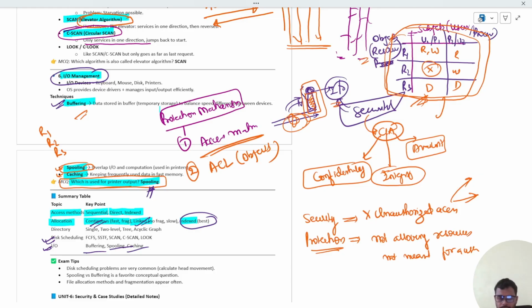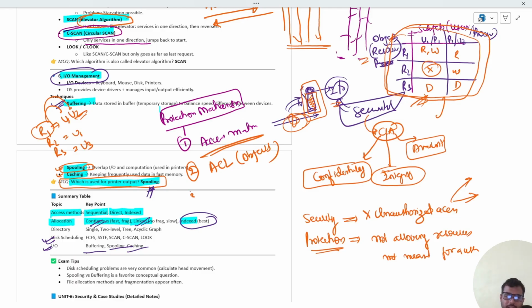We say which users have access to use each resource. Suppose U1 can use this, U2 can use this. So resource R1 will only be shared with U1 and U2. This is another method of managing access. It is with respect to the object. Each object has a list of users which can access it.